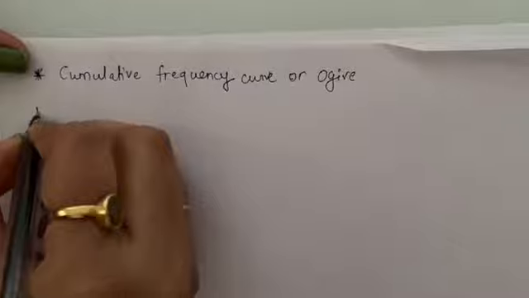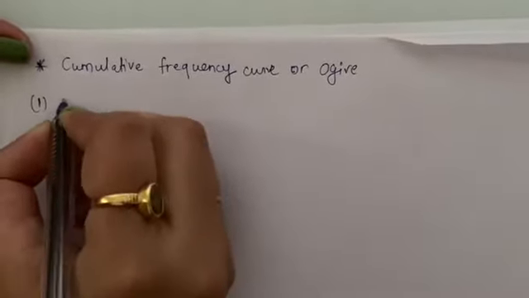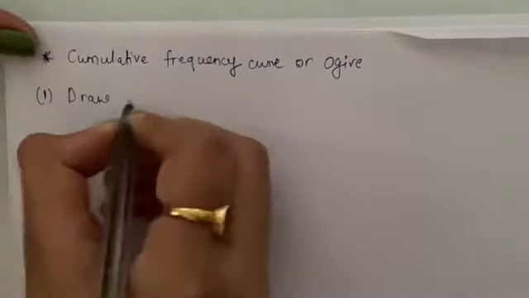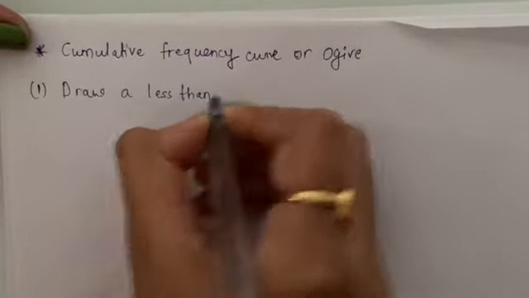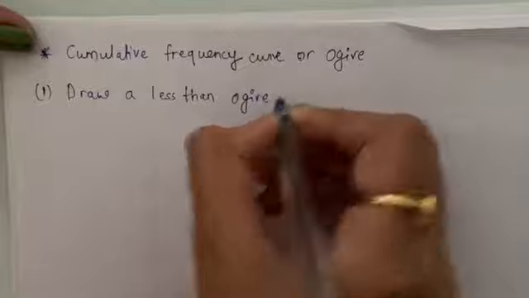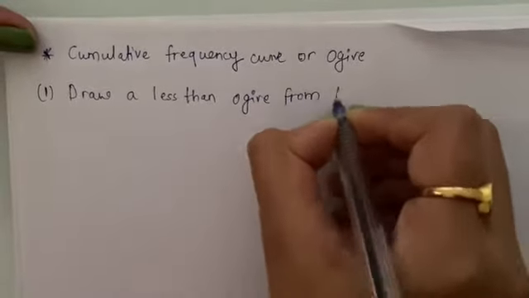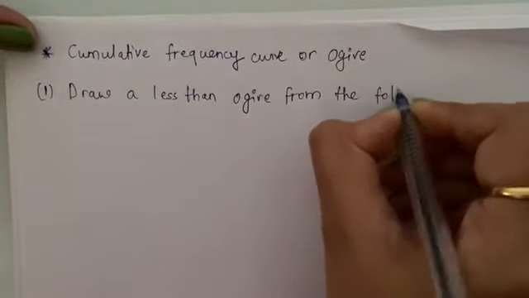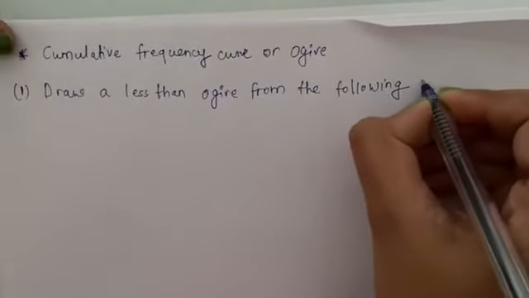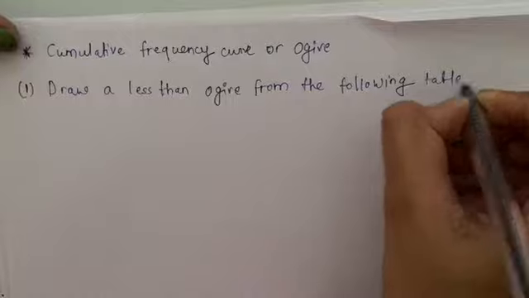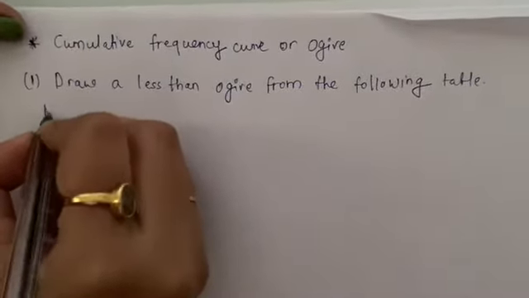So the first question is, in this particular graph, draw a less than Ogive from the following table.